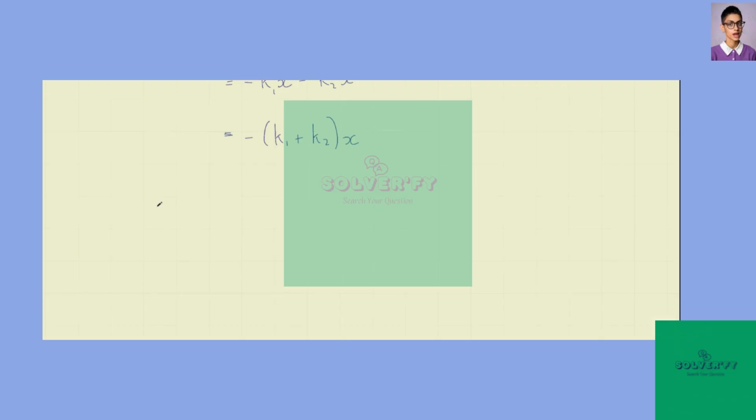So the effective spring constant here is K, and K is simply K1 plus K2.